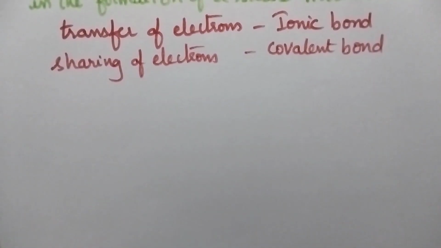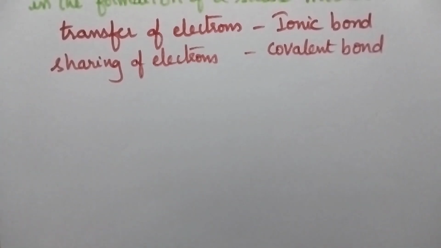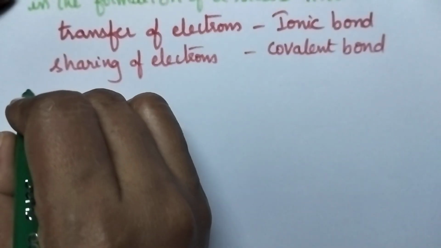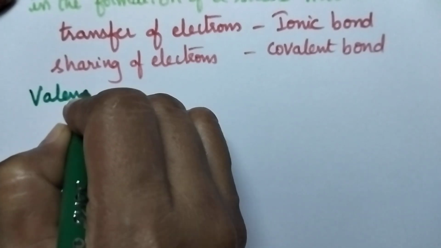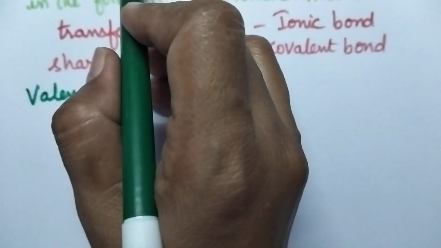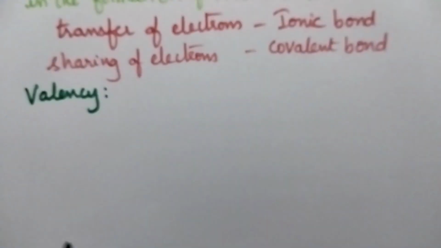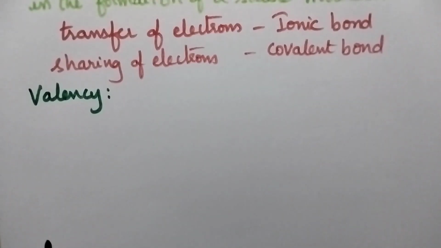Before discussing ionic bond and covalent bond, one should know what is meant by valency. In general, the combining capacity of an atom is expressed in terms of valency. So the combining capacity of sodium or chlorine, carbon or hydrogen, any atom can be expressed in terms of valency.